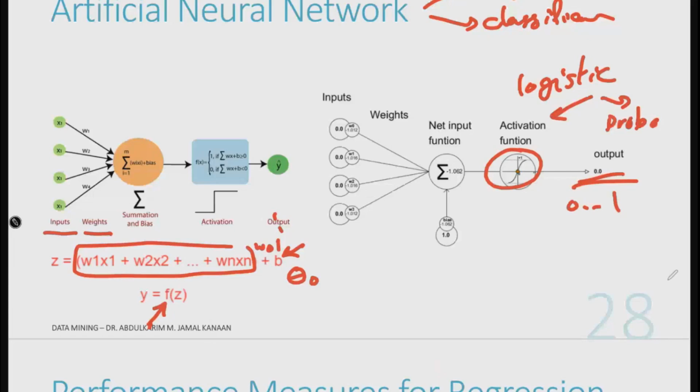So it depends on what you are trying to predict. If you're trying to predict whether the person is female or male, then if the probability is greater than 0.5, assuming this is your threshold, the person is female. If lower than 0.5, then the person is male.